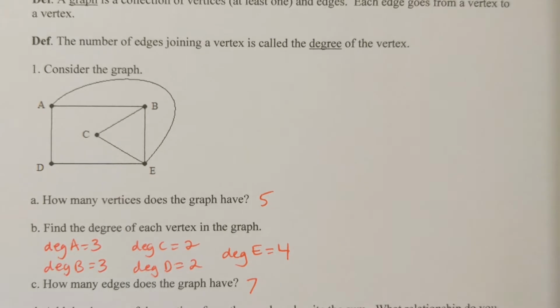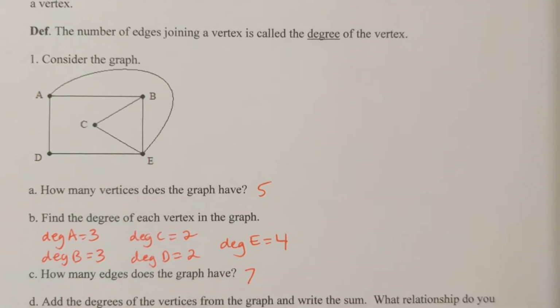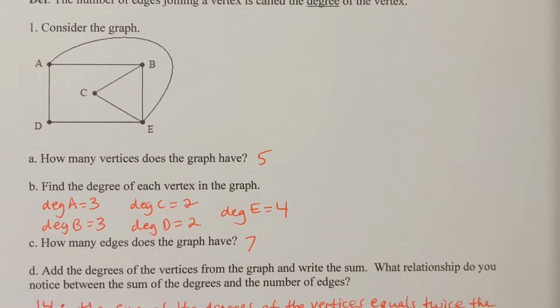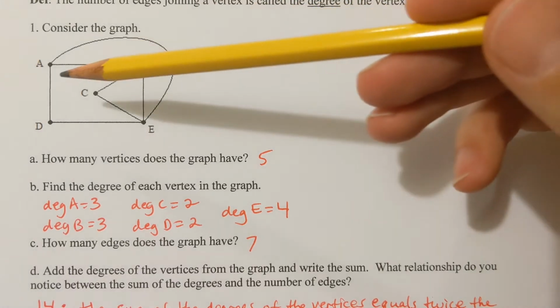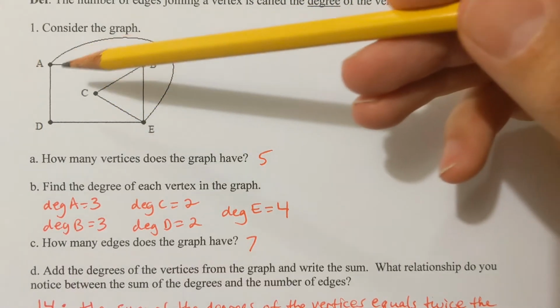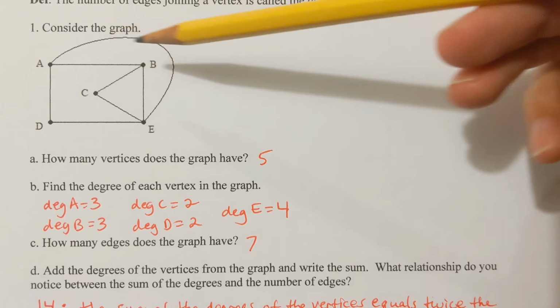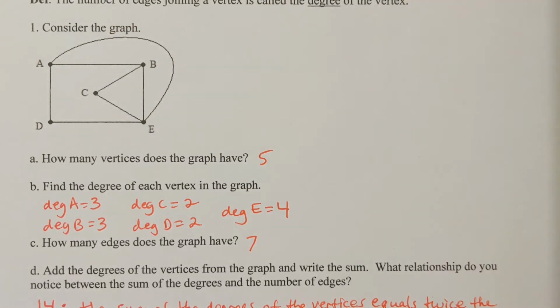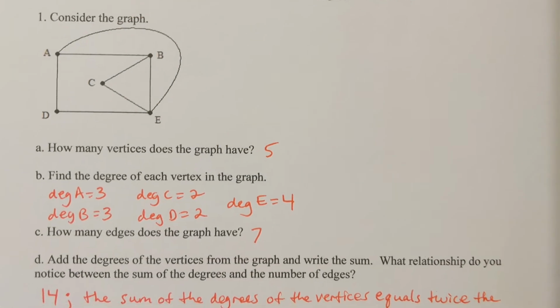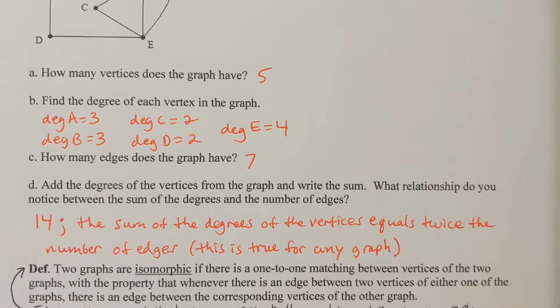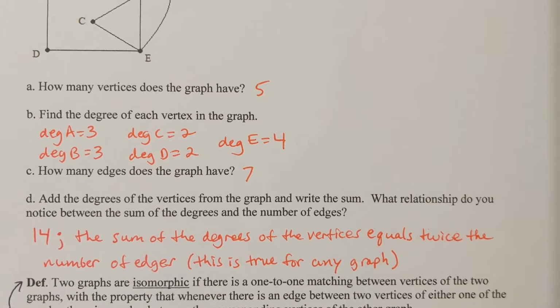Okay, how many edges does the graph have? Well, if I count the number of edges, 1, 2, 3, 4, 5, 6, 7. Part D, add the degrees of the vertices from the graph and write the sum.